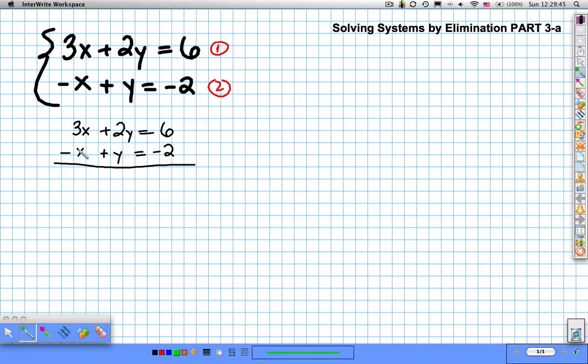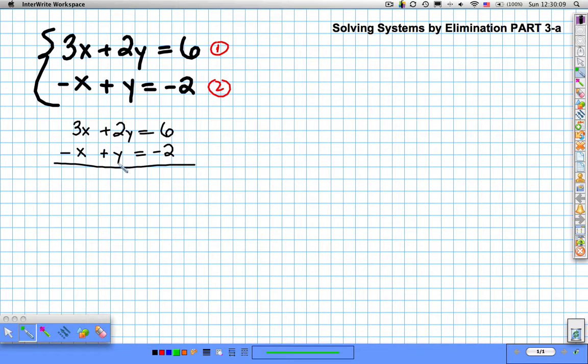Now let's change gears a little and look at the y terms here. This is a +1, and they're both positive, so to make them inverses I would have to multiply by a negative number. To make these cancel, I'd have to multiply this whole equation by -2.